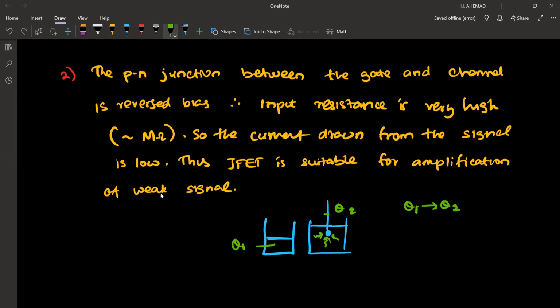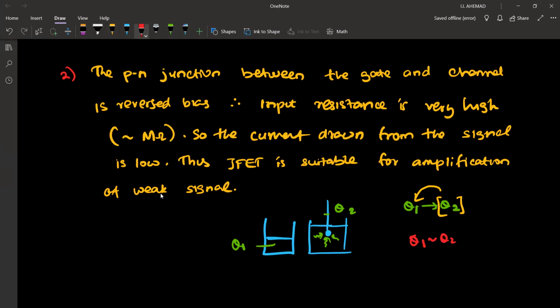Now the thermometer will be reading theta 2, but the actual temperature is theta 1. So if theta 1 is very close to theta 2, then it is a good thermometer.